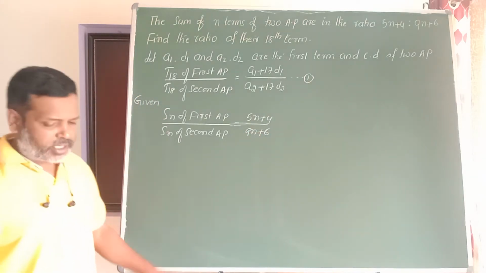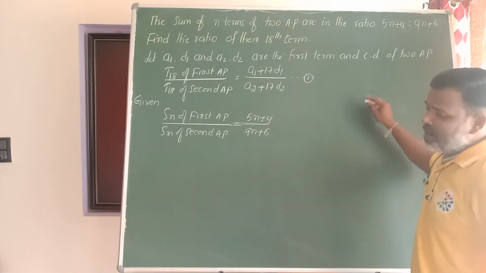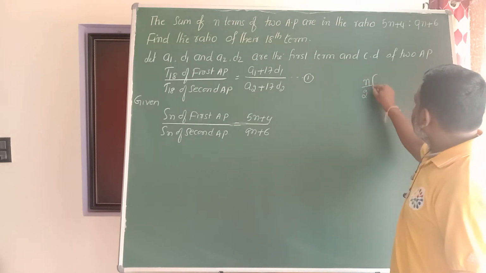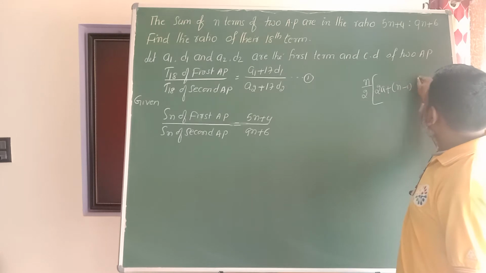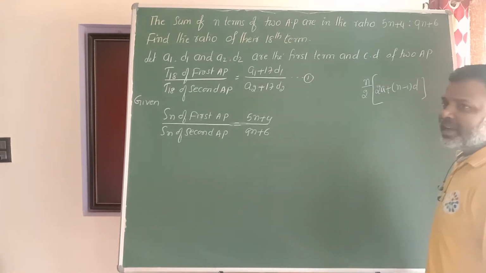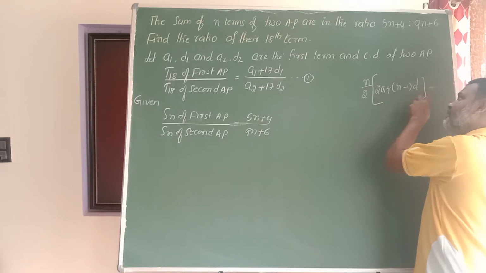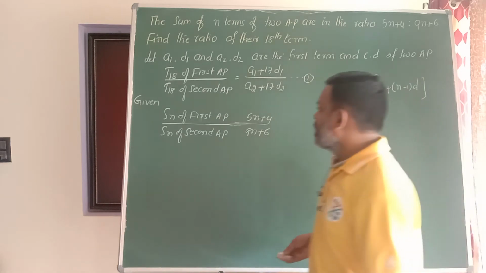Now I have to write the Sn formula for the 2 APs. Sn is given by n by 2 into 2a plus n minus 1 into d. It is the Sn formula. But for the first AP, we have to use a1, d1. For the second AP, we have to use a2 and d2. How can I write?